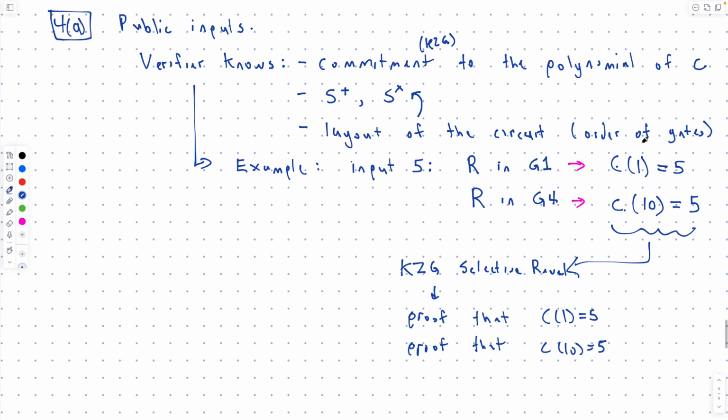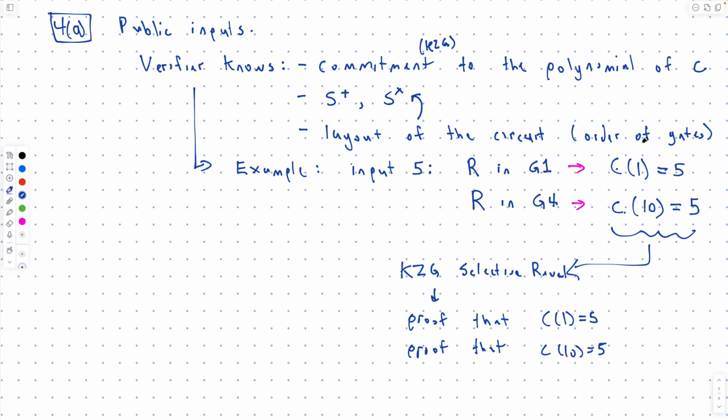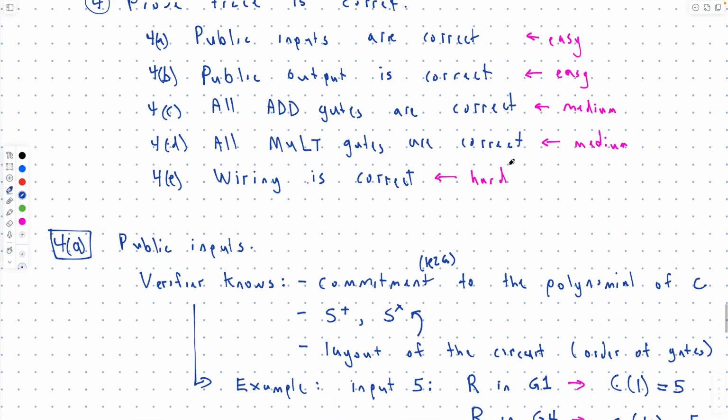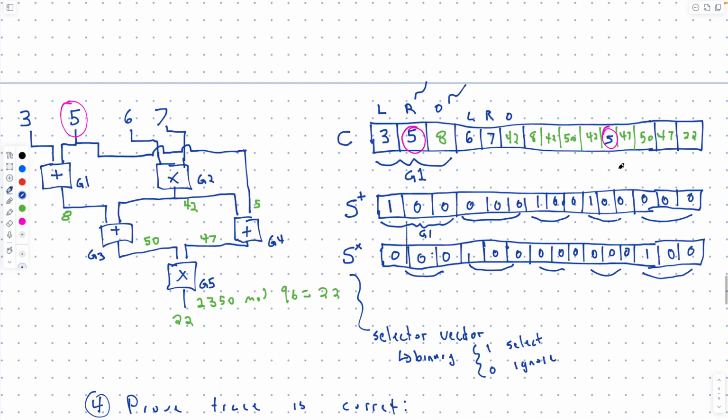We are verifying both the array and the polynomial? Sorry, say again. So we are verifying both the array and the polynomial, like the prover is doing here. Yep. So the array is kind of a helper value for the prover themselves. They take the circuit, they put it in an array, then they put it into a polynomial. But the polynomial is the array.